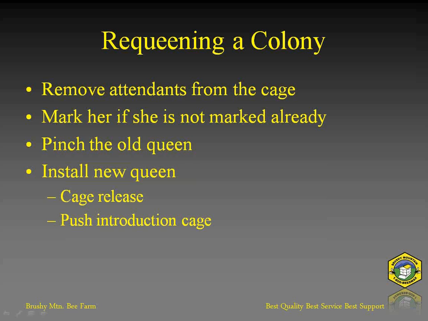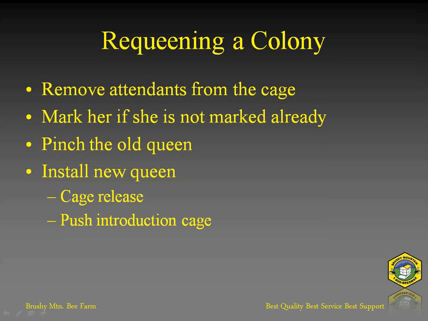If you are a little more comfortable, it's advantageous to remove the attendants from the cage that the queen is in. You will have a little bit better introduction success if you remove the workers, the attendants, from that cage that the queen is in.